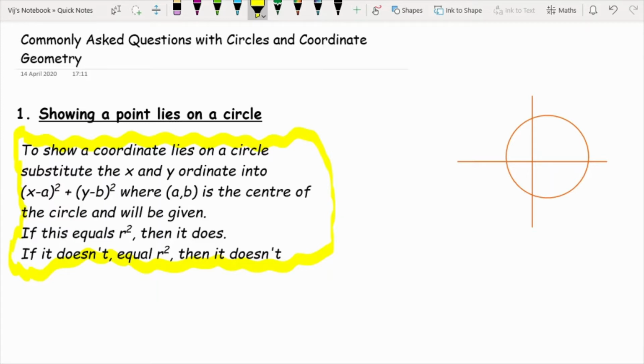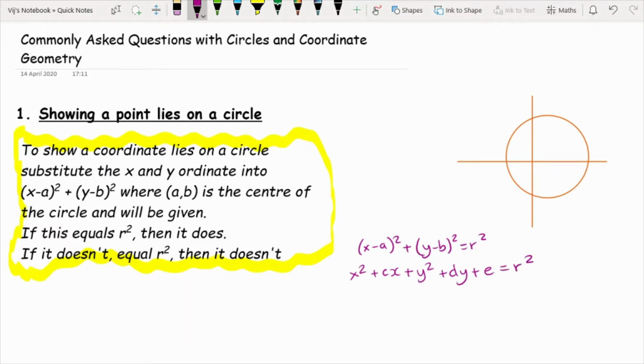So what we mean by this is you will end up with the equation of a circle either in the format of (x minus a) squared plus (y minus b) squared equals r squared, or you might end up with something along the lines of, let's go for different letters, cx squared plus y squared plus dy plus e equals r squared.